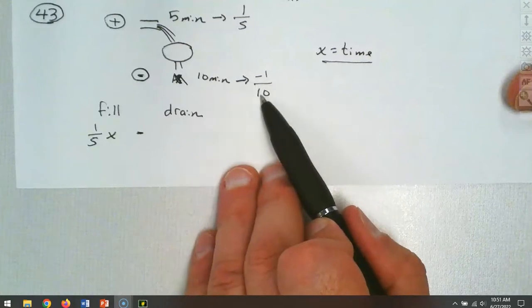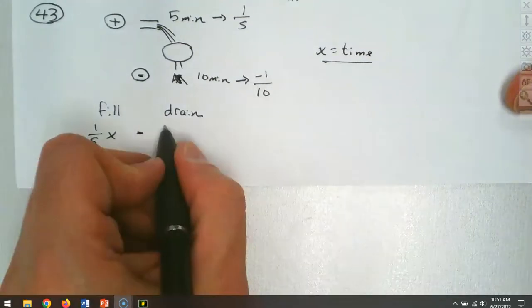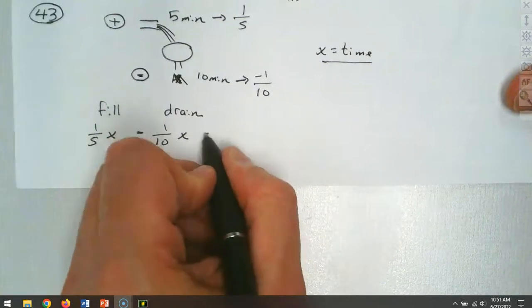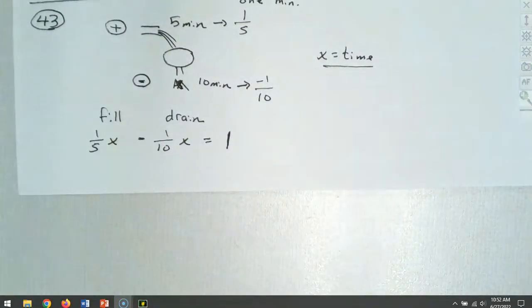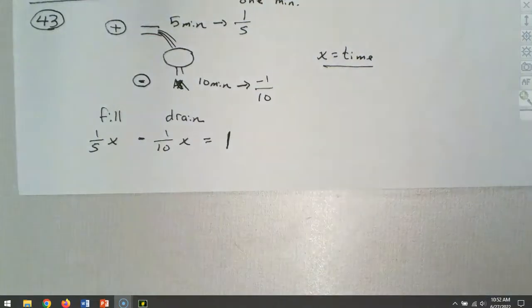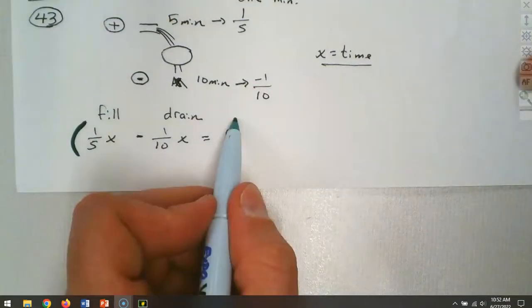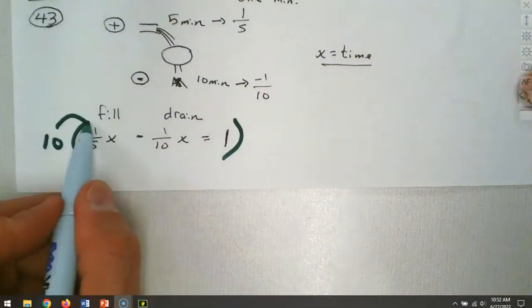That's a minus 1/10, right? Because we're draining out. So that's minus 1/10 X. And what does it always equal? 1. Why 1? Because that's one sink. All of these equal 1. Clear this out by multiplying by 10.